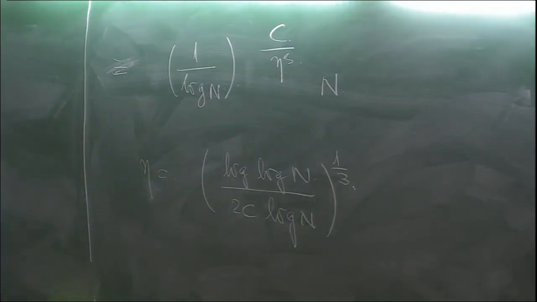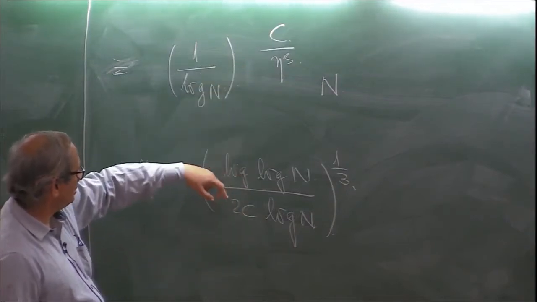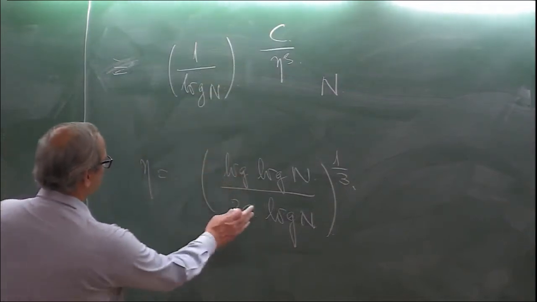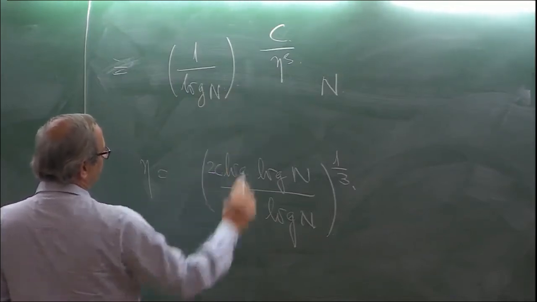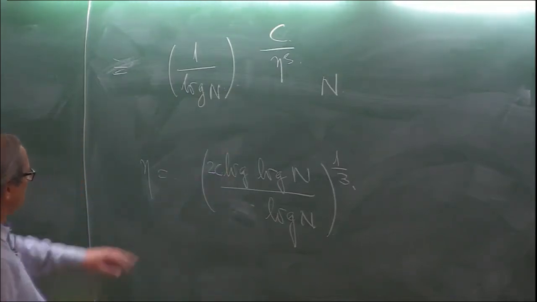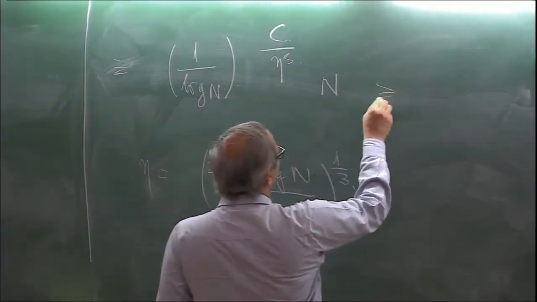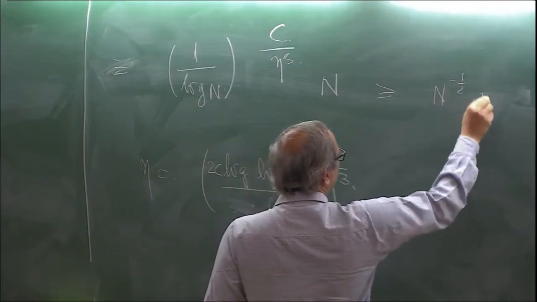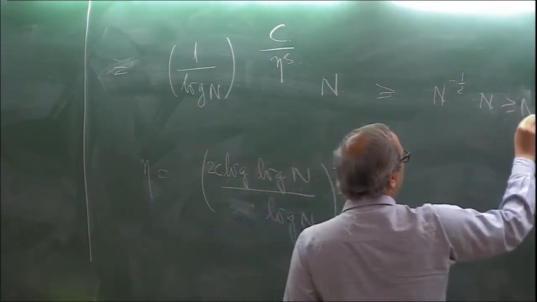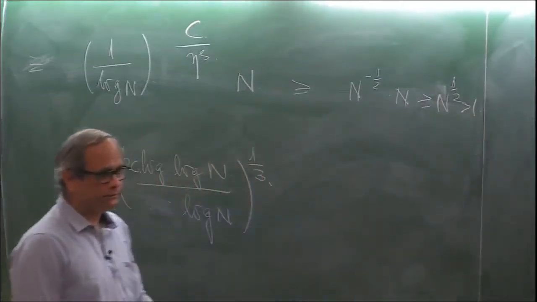If I choose eta to be this, then putting this thing here, the C, maybe I should put the C here. If I substitute this here, this whole thing is going to simply reduce to n to the power of minus half times n, which is n to the half. And for large enough n, that is strictly bigger than 1.